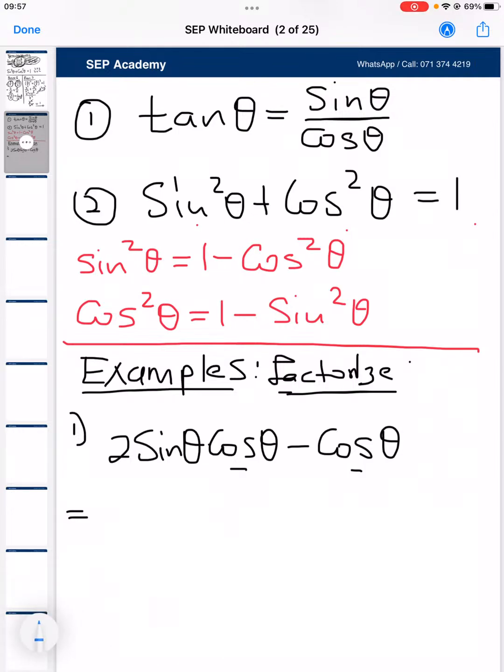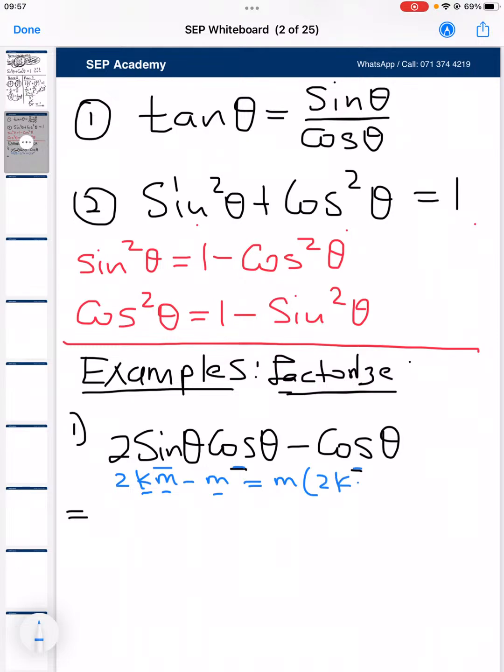It's like you are having 2km minus m. That's what you are having, because the k represents the sine angle, m represents the cos angle, and then m again is the cos angle. So you can always think of the k method, or whatever letter method, where you end up having m taken out. What do you remain with?